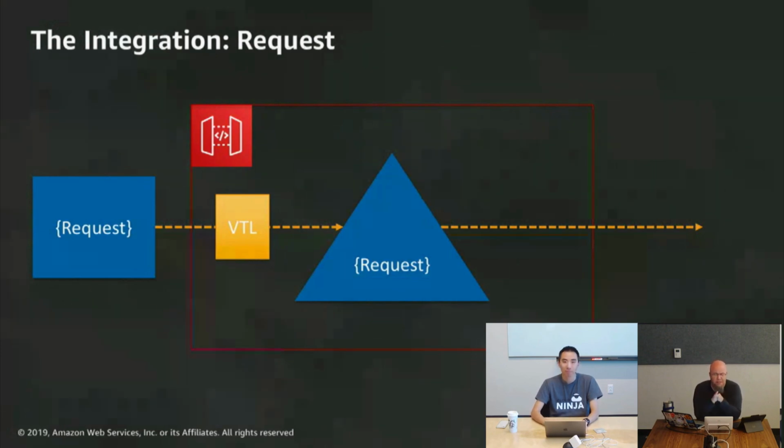With the velocity templating language, there are some conditions you can put in, there's logic, there's a lot of different things. Also at the integration level, you're able to look at the template or the request coming in and model it: does it match a certain model? No, let's drop it. You can validate that data coming in as well as modify it.